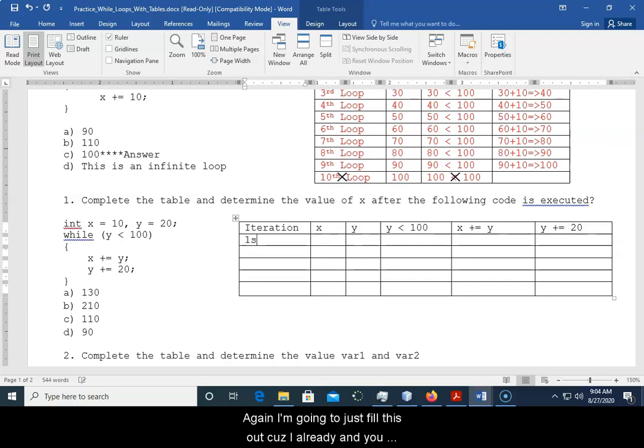And again, I'm going to just fill this out because I did it for you kind of. And here's your fifth pass. So x is 10, y is 20. Is 20 less than 100? Yes. So x is basically equal to 10 plus 20. So x is what? 30. So I go down here and change that to 30.